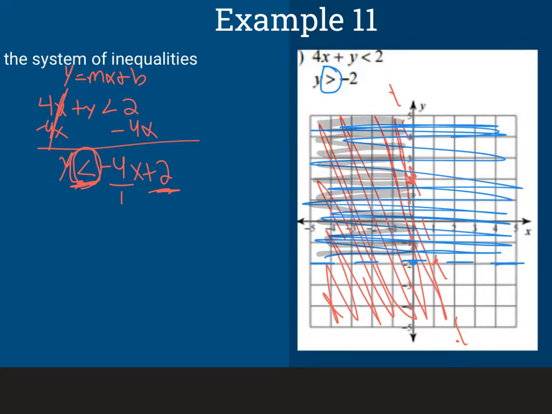Any points on these lines, however, would not be solutions because they are dashed lines, so it has to be within the shaded area only, not on the line. All right? If you'd like to start this all over again, go ahead and do so. If not, we can move on to the very next one, okay?